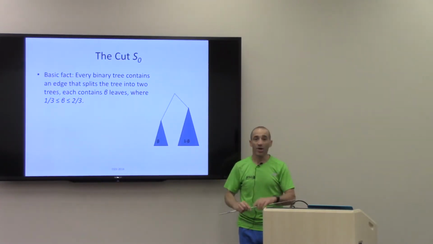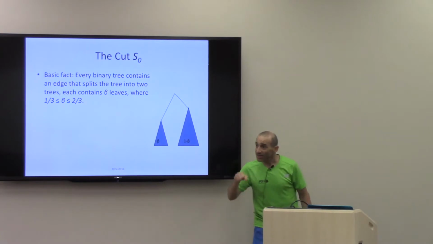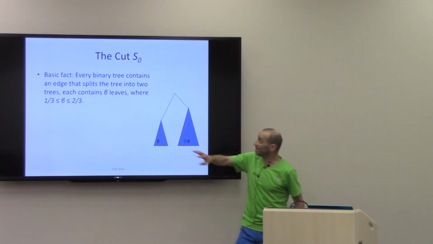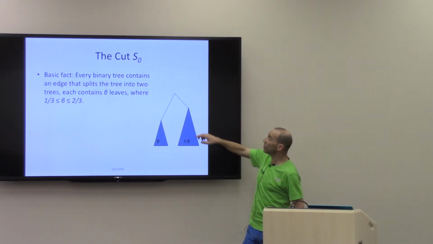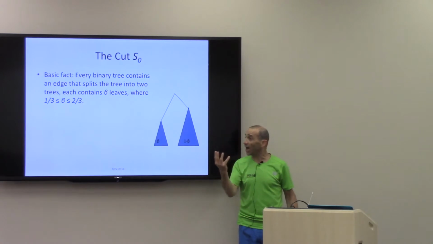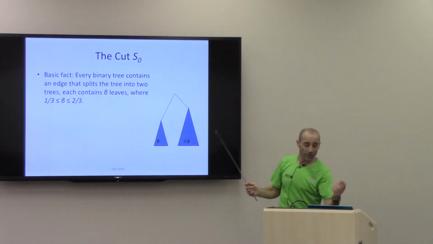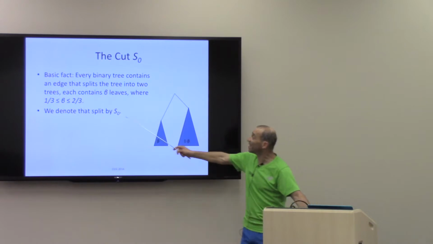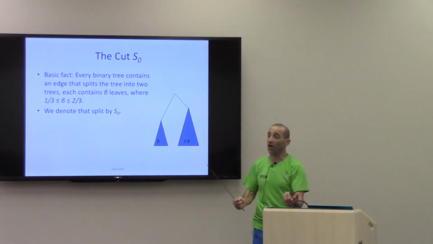Now remember, we had that urn picking. So we know how our quartets distribute along that tree, and that cut exists also in our quartet graph. So we denote that split by S sub 0. S sub 0 is that cut in our quartet graph.